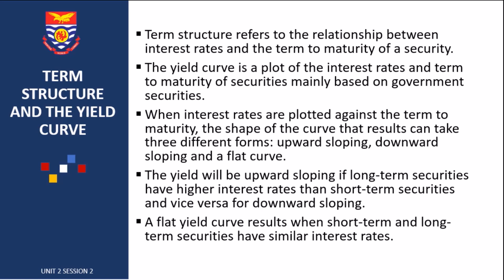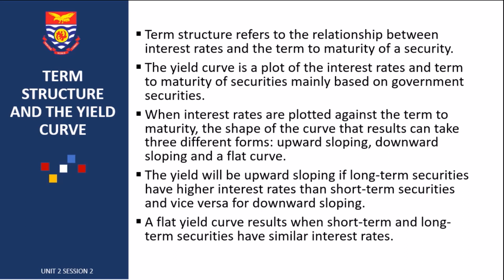And we also have the downward sloping curve, which occurs when investors expect future interest rates to decrease. And finally, a flat yield curve results when short-term and long-term securities have a similar interest rate.